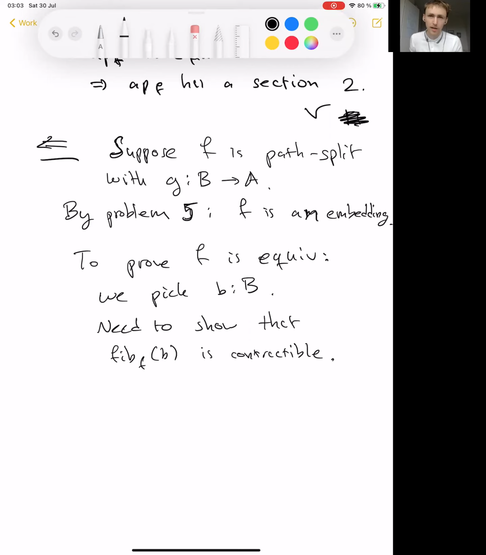So this is one of those rare cases where you construct an equivalence by showing that the fibers are contractible. Usually you prove that it has inverses and stuff like that, but in this case, this trickier definition actually works better.